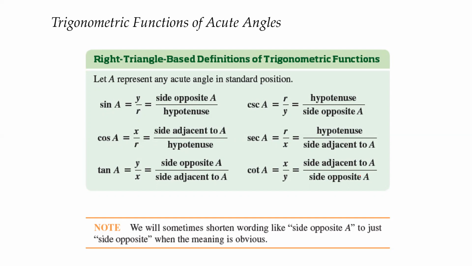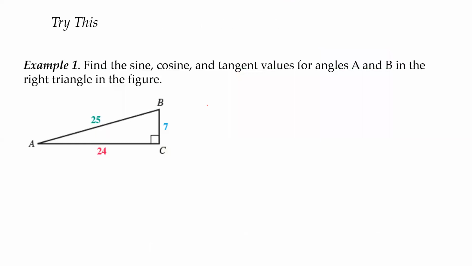And tangent A is y over x, and y is side opposite to A, and x is side adjacent to A. Now, please note that sometimes we shorten the wording. Like instead of saying side opposite A, we just use side opposite, or some will just use opposite. Opposite over hypotenuse.